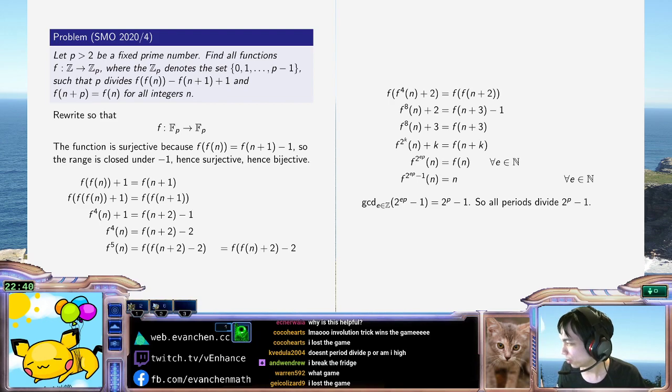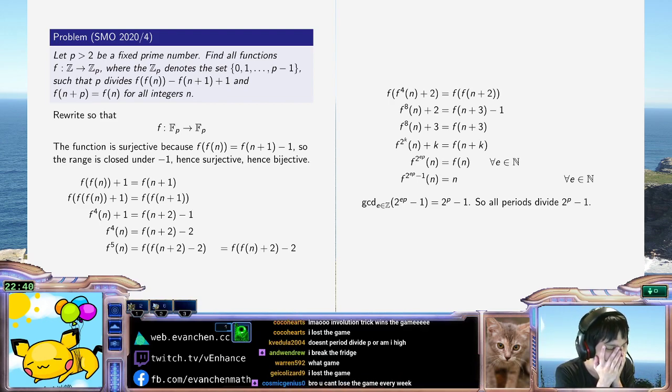No, wait. No, it is e times p. What? Doesn't period divide p, or am I high? I'm just confused. No, so if you have a permutation on p elements, the period does not have to divide p. In fact, it probably doesn't divide p unless it's a cycle.